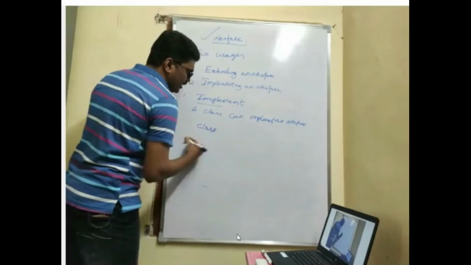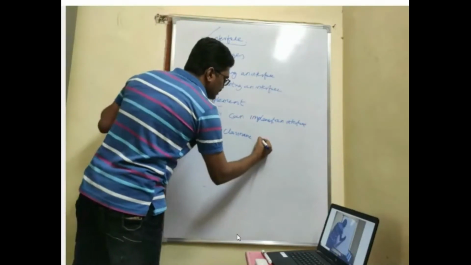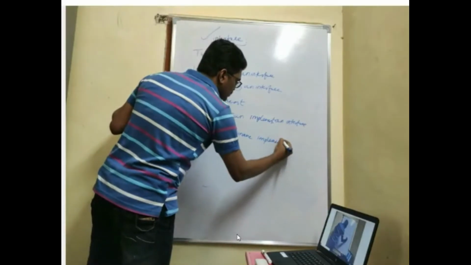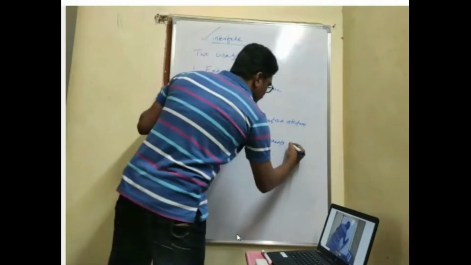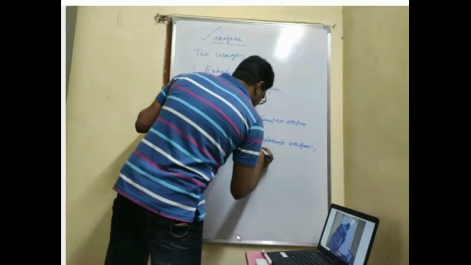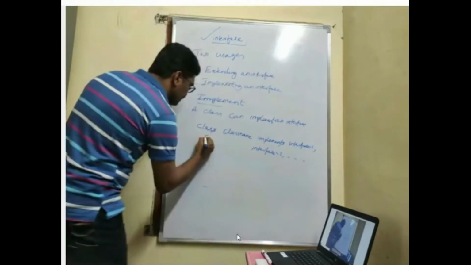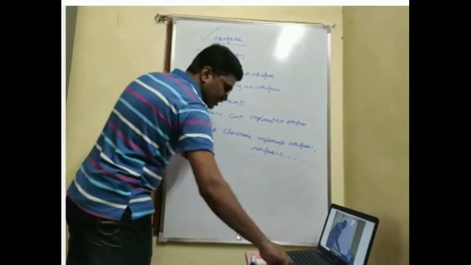How it can implement is: class name implements interface 1, interface 2, and so on. You can implement any number of interfaces. This is the syntax.